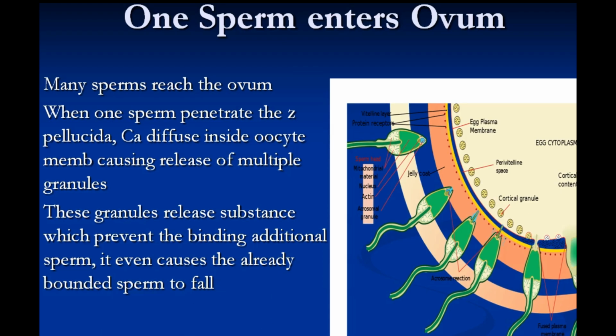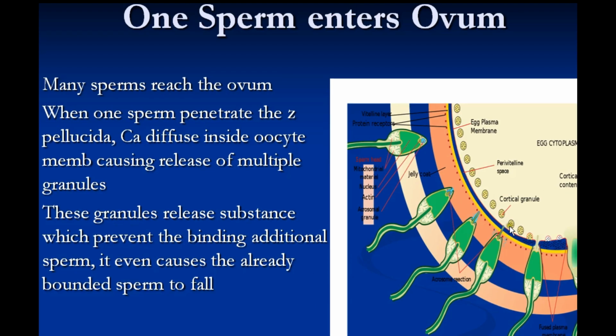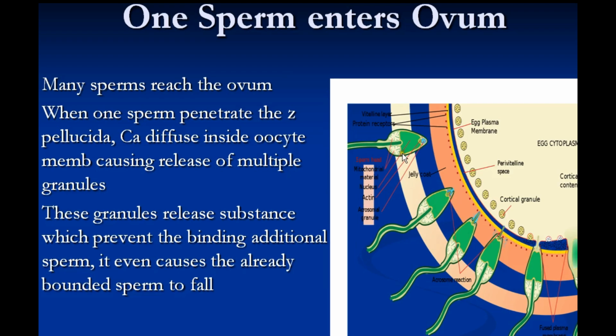So this is the reason that one sperm succeeds in entering the ova: when the acrosomal enzyme digests the outer layer of the ova, calcium ions enter into the ova, which causes the release of the granules, and this granular substance prevents further binding of the sperm. Even the already bound sperm fall away.